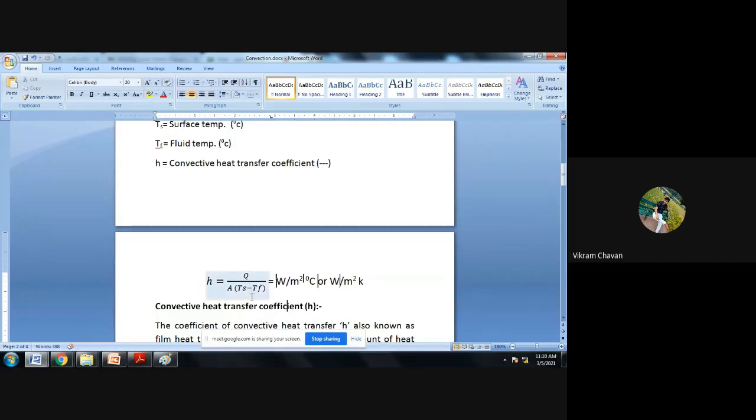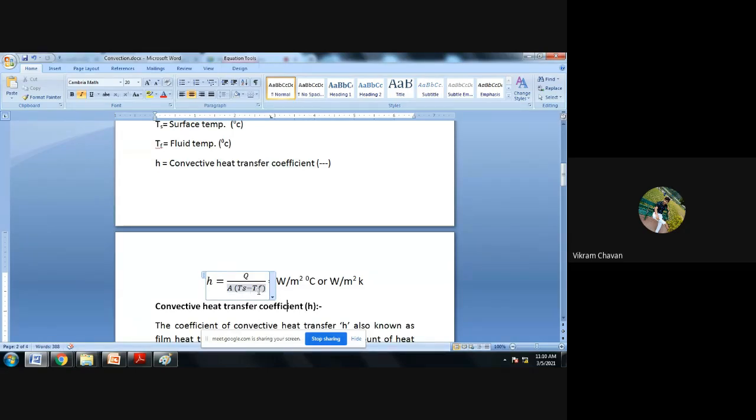If you take this temperature in degree Kelvin, then also no problem, because you are adding 273 to the Ts temperature and 273 to the Tf temperature to convert Celsius into Kelvin, and we are taking the difference. So there will not be any difference in value between degree Kelvin and degree Celsius.